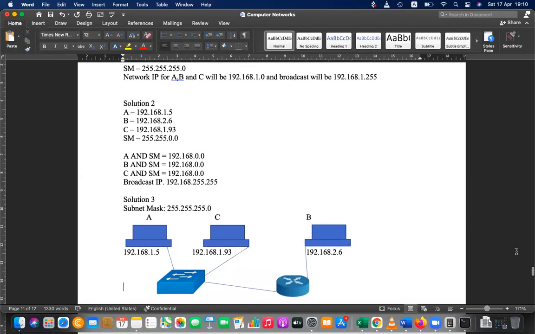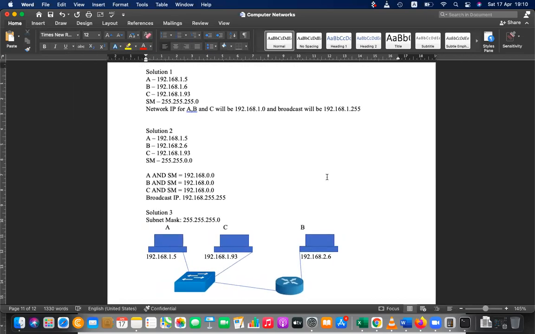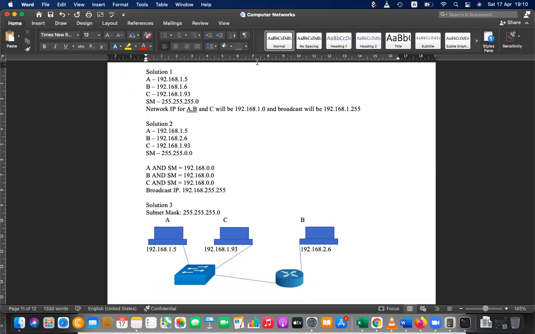Okay, so I think you better write down all three solutions. So how to connect: change IP, change in broadcast, or change in the hardware setup. Which is the easiest way?